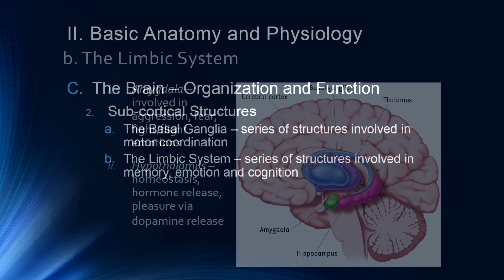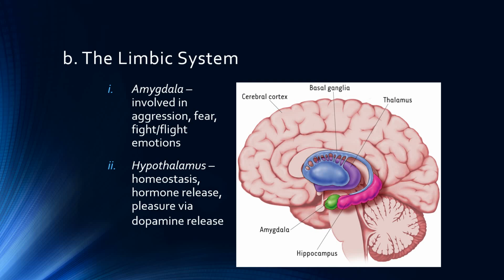So the limbic system includes the amygdala, which is this almond-shaped structure here. It's involved in some of our primal emotions: aggression, fear, fight or flight emotions. We'll see later on in the term how, using a drug called propranolol, you can actually disconnect your fear memories from the emotion.